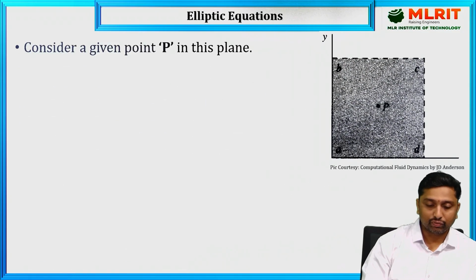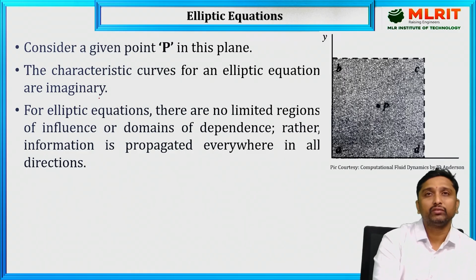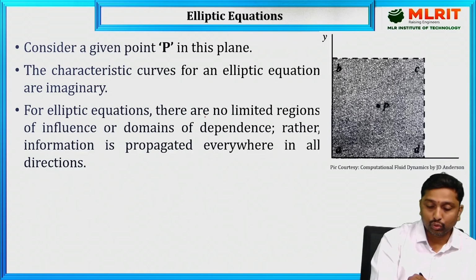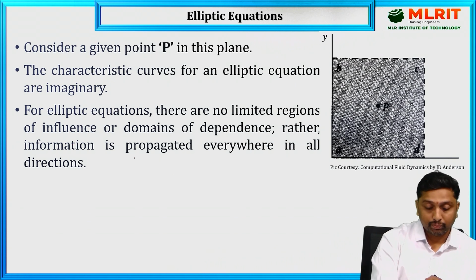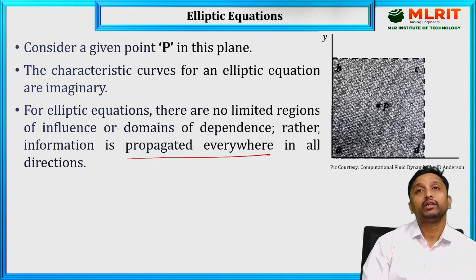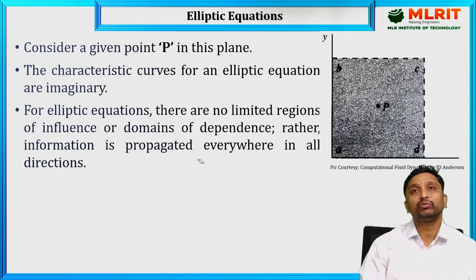So the nature of roots is imaginary. So there is no limited region of influence or domain of dependence; rather, both propagate everywhere, in all directions. This makes it very difficult to analyze these kinds of problems.